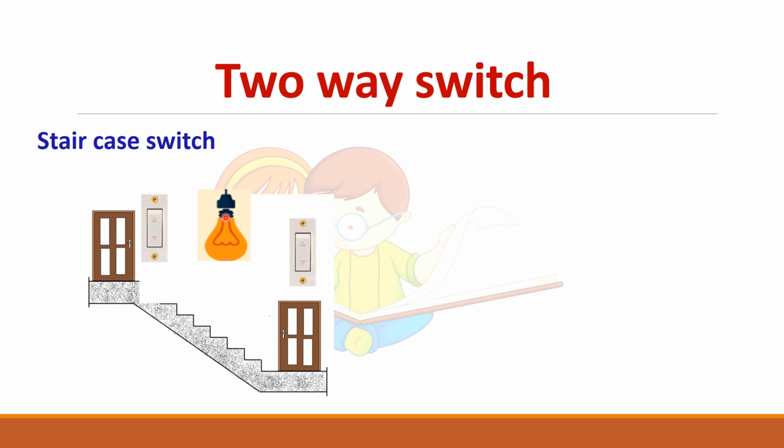So a single light is controlled by two different switches from two different positions. According to Indian standards, this type of switch is called a two-way switch. In some countries it is also called a three-way switch. So this video is mainly based on Indian standards.